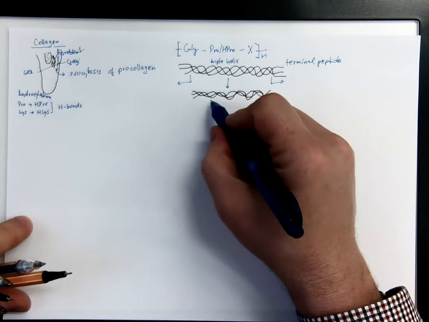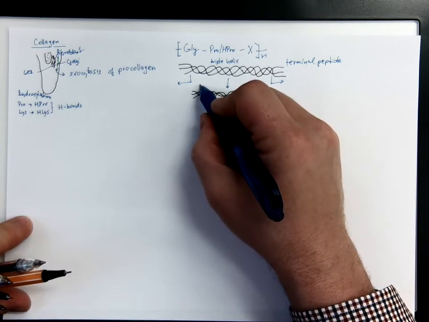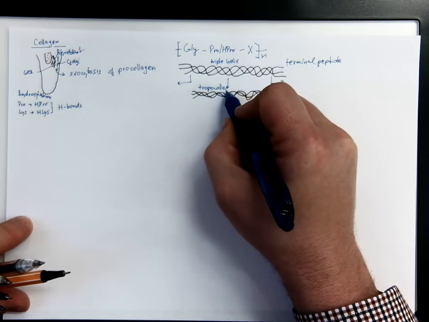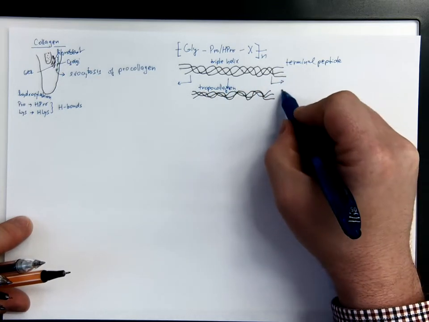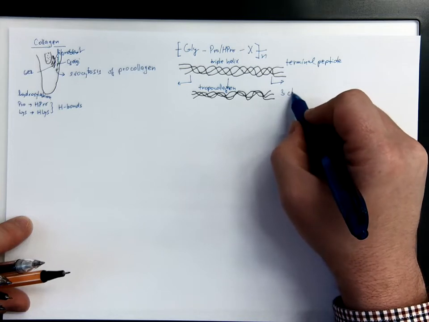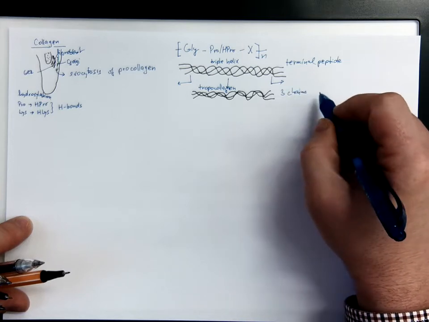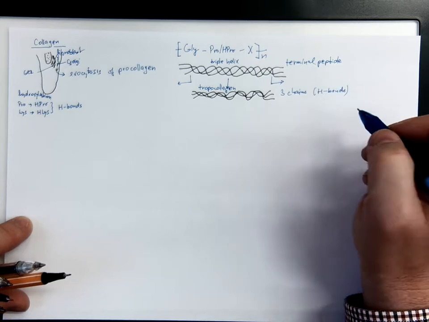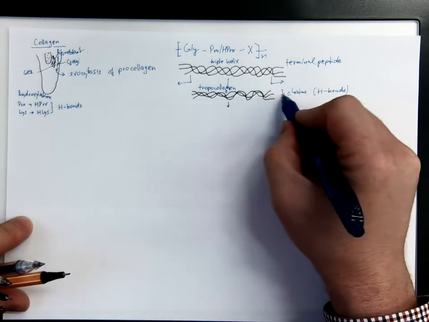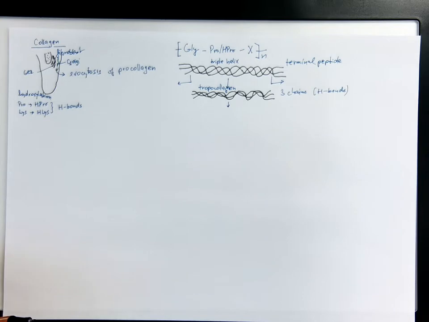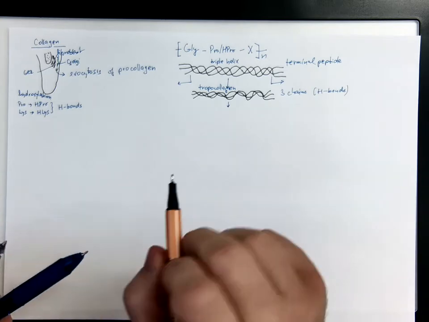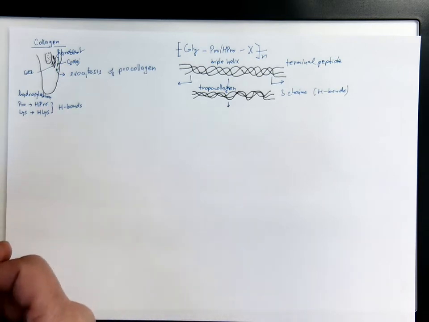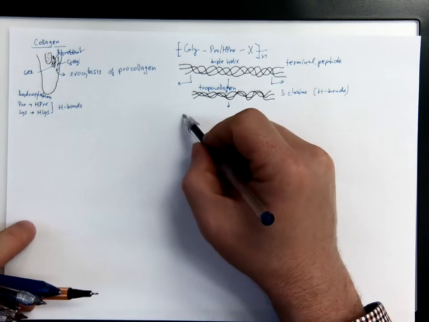This form is called tropocollagen. We have three protein chains stabilized by the H bonds. Each of these tropocollagen molecules then contributes to the formation of structures of higher order.